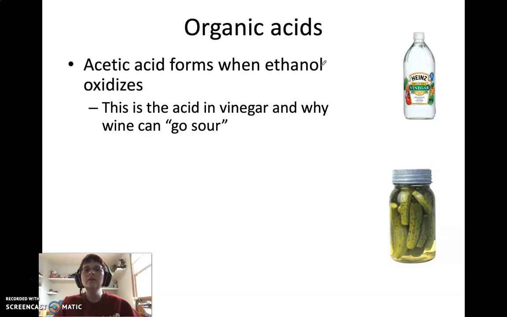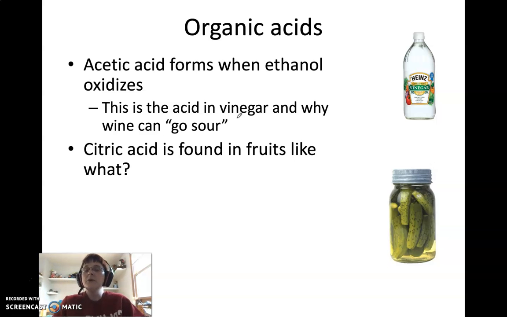Ethanol is going to oxidize, and it's going to form this acetic acid. It's going to get some of those hydrogens replaced with the structure that we saw, adding in oxygens. And so this is what can make wine taste sour or like vinegar over time.